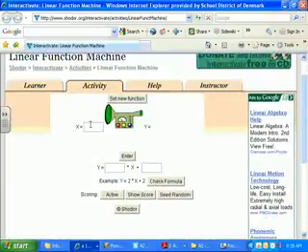Okay, this is a linear function machine. All right. Negative 1. Oh. Gives me a really big output. Okay, guys, this is a linear function, so we have to put in the slope and the y-intercept. Anybody have a guess? Times 6 plus 1.